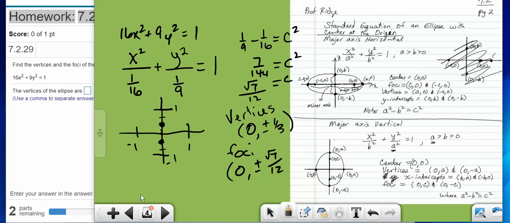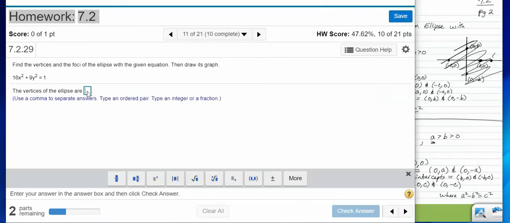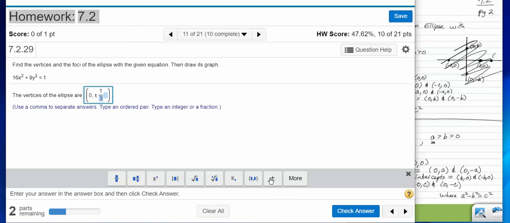Okay, let's try that. So our vertices are 0 plus or minus 1/3. Nice they added that button because a few years ago you'd have to type them both separately.